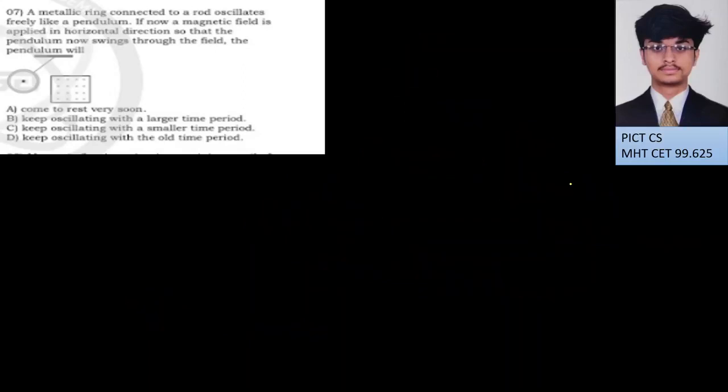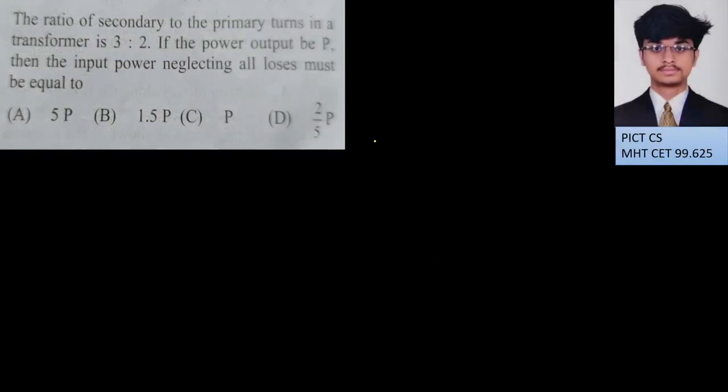Alright, next question. The ratio of secondary to primary turns in a transformer, with secondary turns denoted by N2 and primary turns by N1, is given as 3:2. If power output, what is power? It's voltage into current.